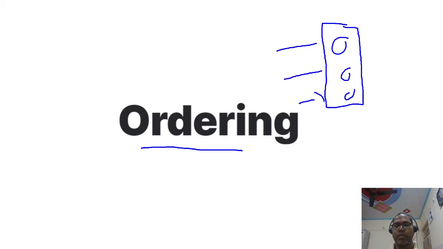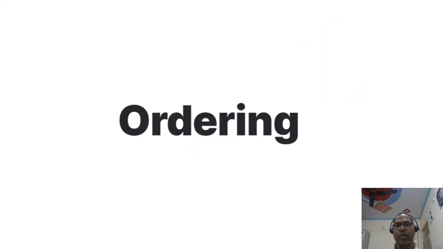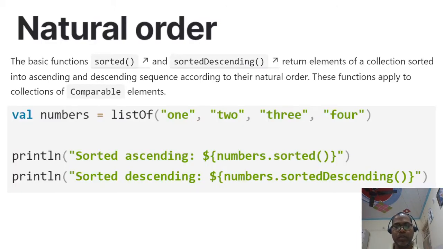So this is ordering. Kotlin offers a predefined set of functions that help us achieve ordering on collections. First let's talk about the natural order and then the custom order.